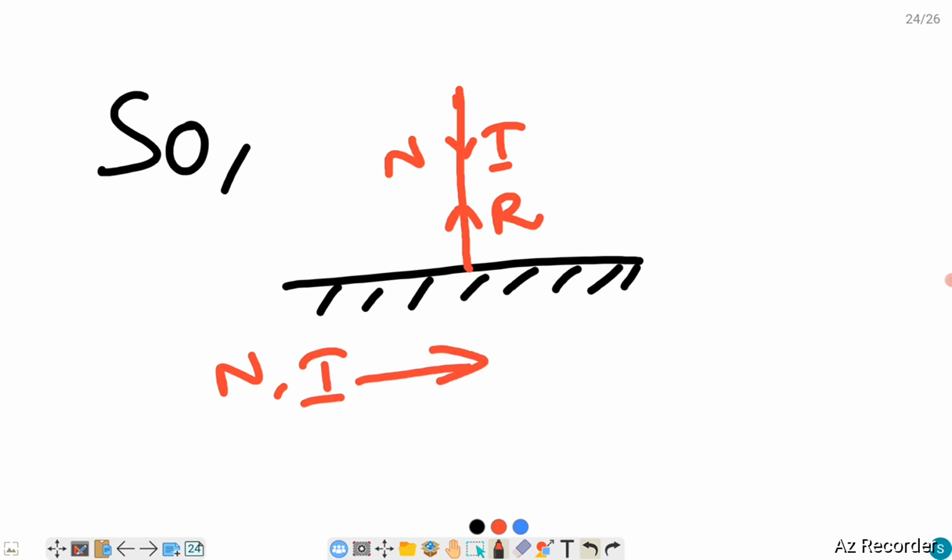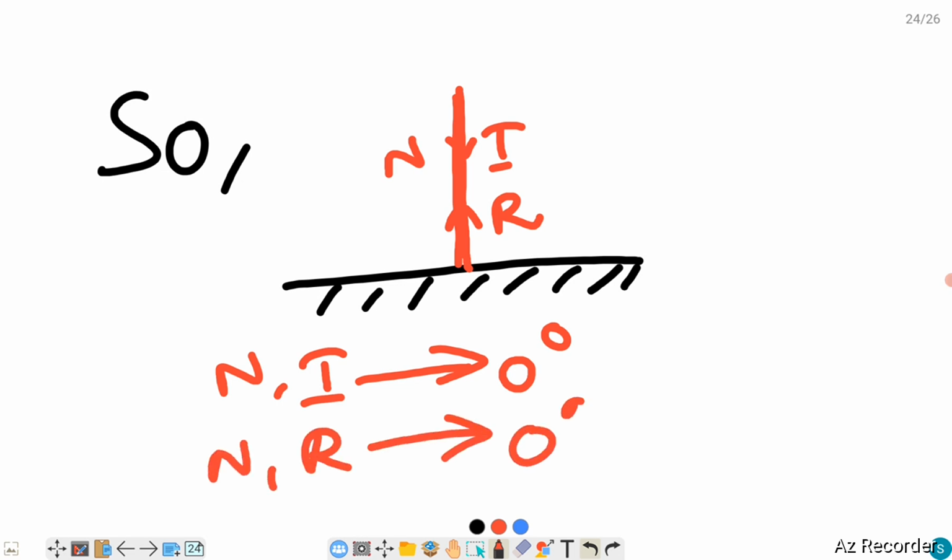Both of them are on the same line, correct? So the angle is 0 degrees. Then between the normal and the reflected ray, what should be the angle? 0 degrees only, correct? Now, when both of them are 0 degrees, 0 means the same line. That's why when there is normal incidence, the incident ray, reflected ray and normal all lie in the same plane.